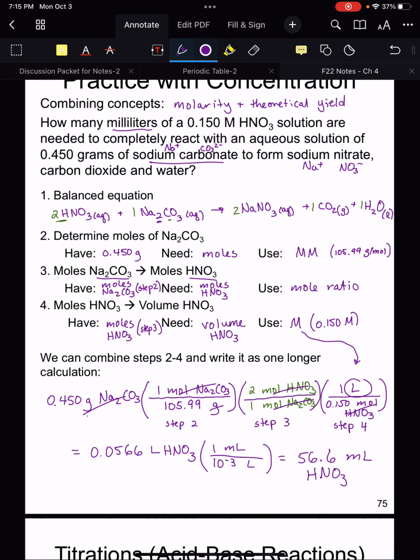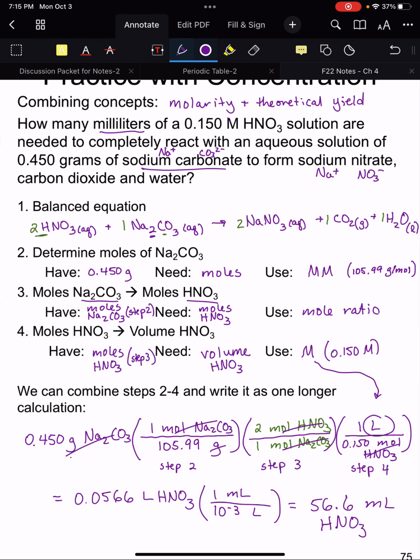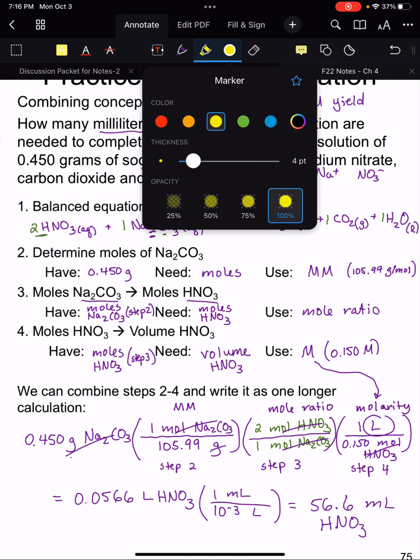So notice, just like we did earlier in the chapter, we used the molar mass first, and then we used the mole ratio. Normally, we would use the molar mass again, but we don't want a molar mass because we have a solution, so here we used the molarity. And that's how this problem was different than what we've done before.